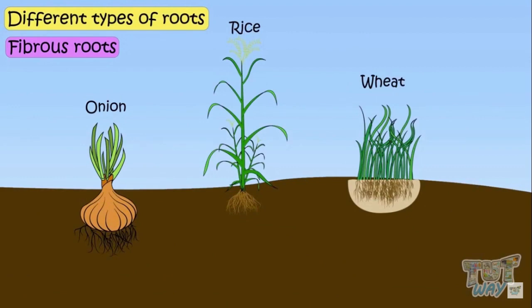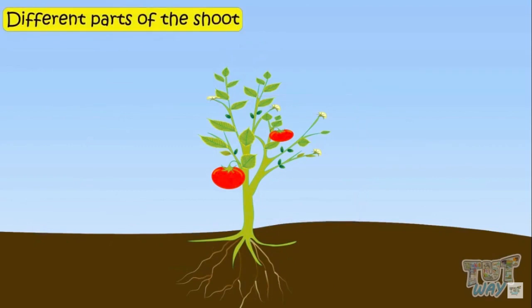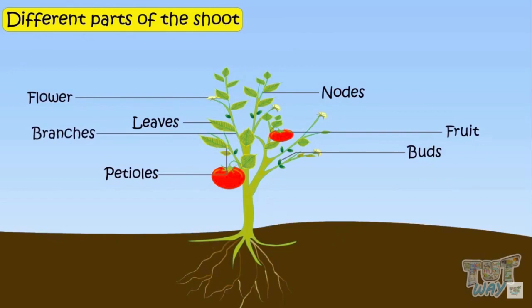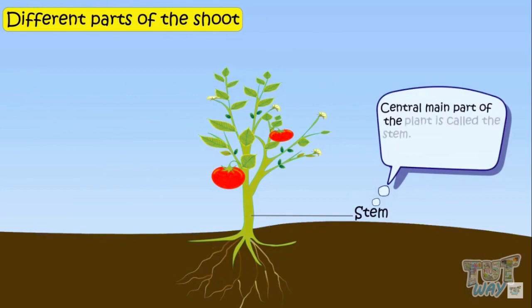Now let's learn about the shoot of the plant. Part of the plant that grows above the ground is called shoot. Now let's see different parts of the shoot. Leaves, petioles, nodes, buds, flowers, fruits, and branches are all different parts of shoot, and each part plays a different role. Stem is the central main part of the plant. It holds the plant upright.